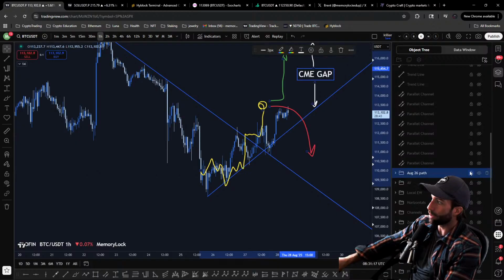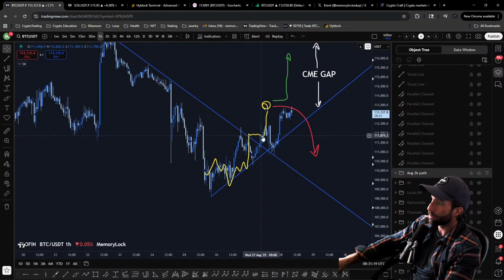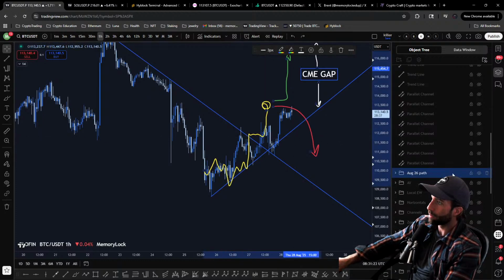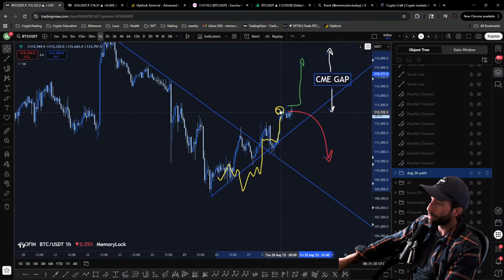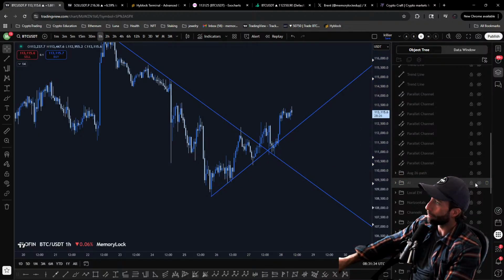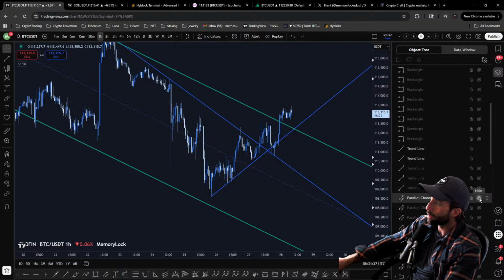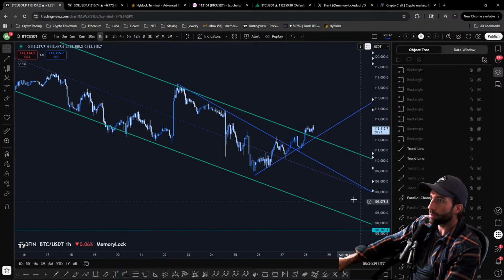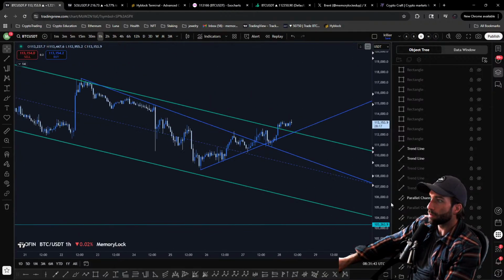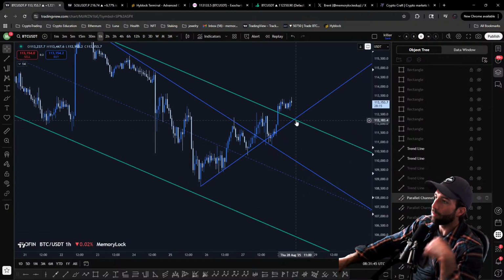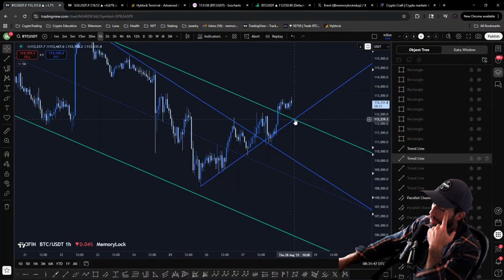Well, originally I had this drawn over here. Broke out of this downtrend. Pretty big deal. Makes a lot of sense to back test into here.